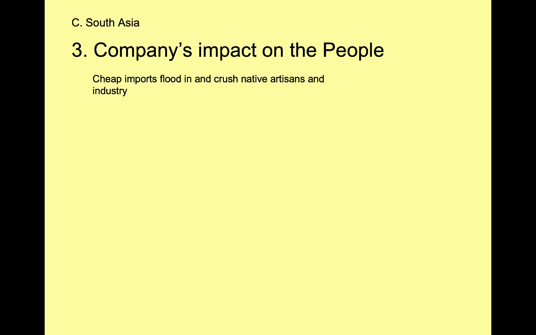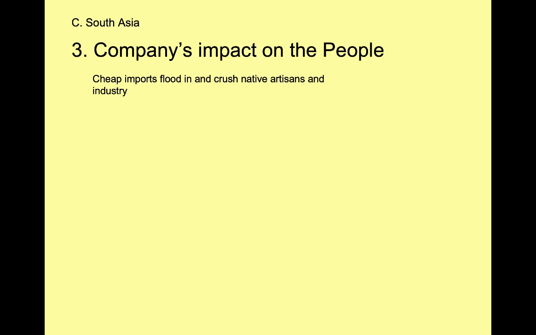If somebody in India wants to buy a shirt, they can buy it from their fellow South Asians who are making it in South Asia, or they can buy it from far off England. The whole reason we're here in South Asia is to make a profit. So England will flood India with cheap clothes, cheap imports, and that will put the artisans out of business.